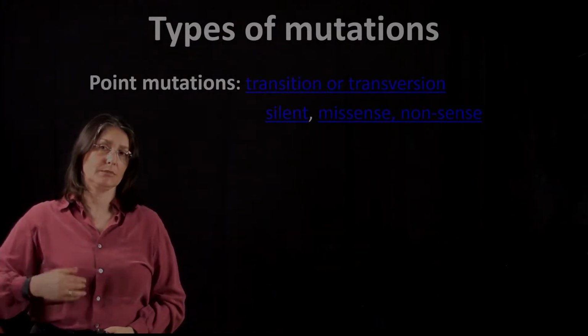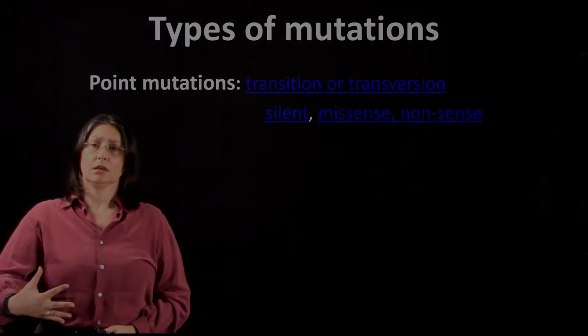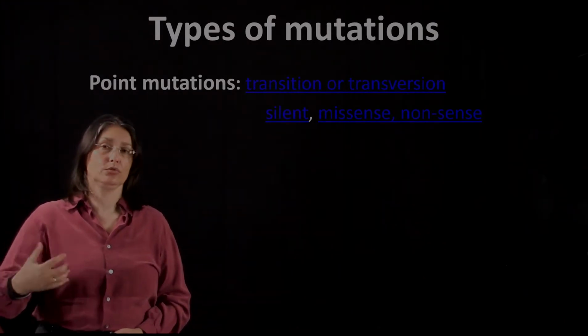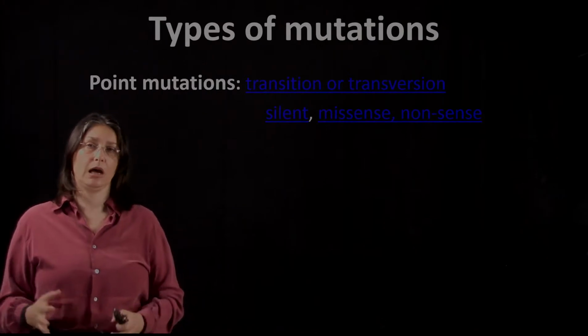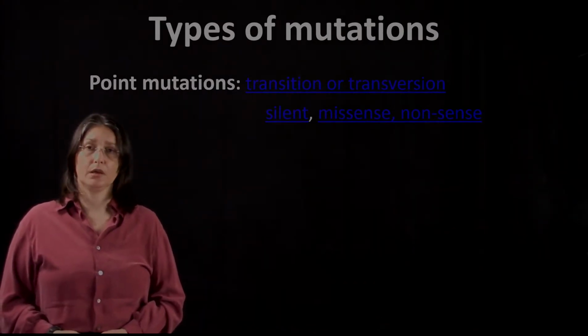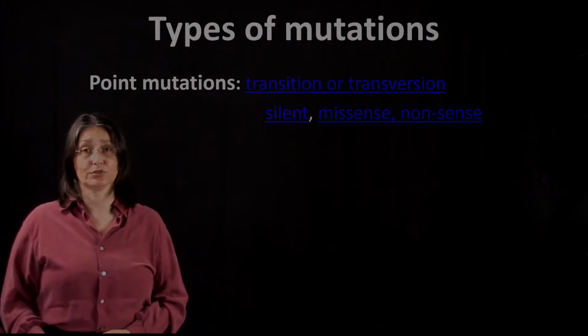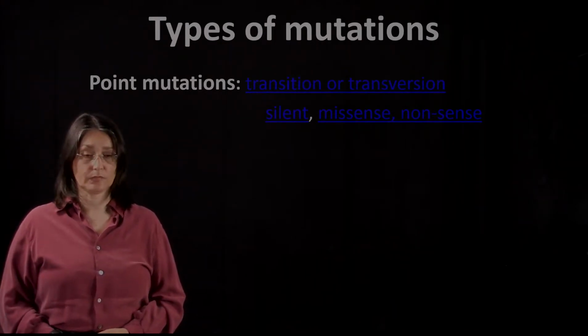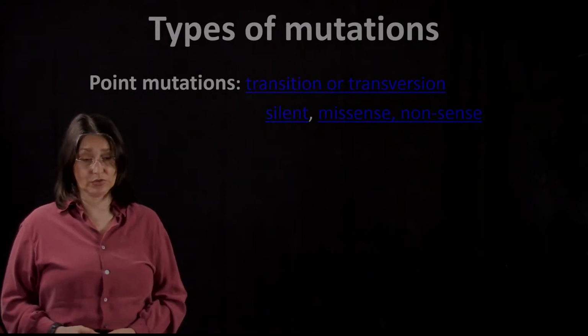So again, take a minute, turn the video off, and try to speculate from what you already know. How are these types of mutations affecting phenotype? And of course, definitely refer to your textbook. And as you can see, there are also links.